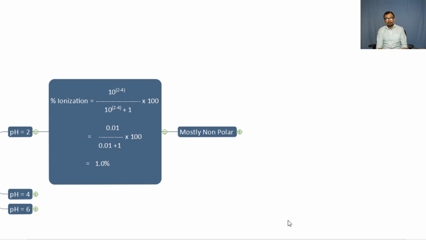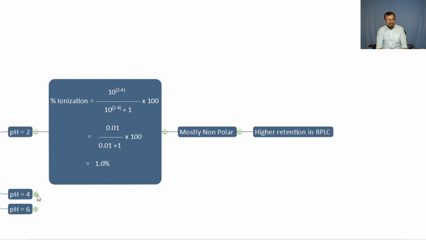This compound is going to retain for a longer time, right? This compound will retain for the longer time, because in reverse phase chromatography, non-polar compounds retain for the longer time. So at pH 2, this compound will have the higher retention time.